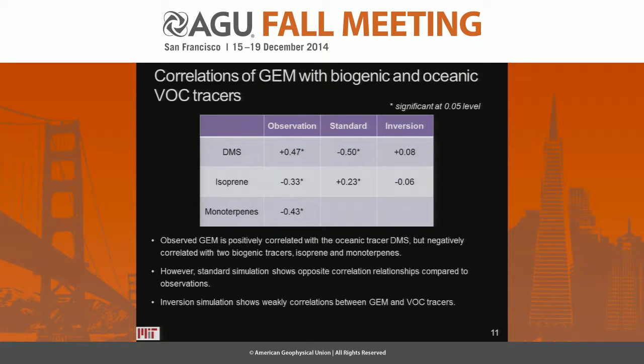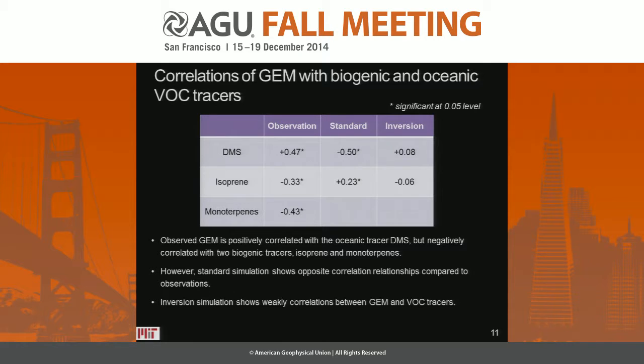As I said, because many other tracers were measured during the NOMADSS campaign, they may provide additional constraints on mercury emissions. This slide shows correlations of GM with biogenic and ocean VOC tracers. DMS is the ocean tracer, and isoprene and monoterpenes are biogenic tracers.